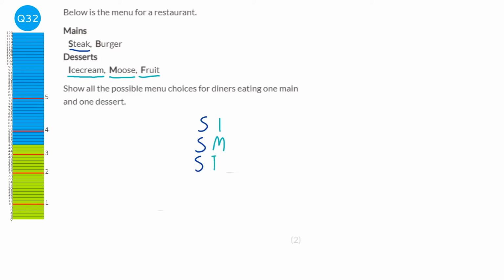So we're being really methodical. We've done all of the combinations with steak. And so we're going to look at burger next. And we're going to pair it with the first ice cream. Then burger, and we're going to pair it with the mousse. And then finally the burger we're going to pair with the fruit. As long as we do things methodically, we don't ever miss any.